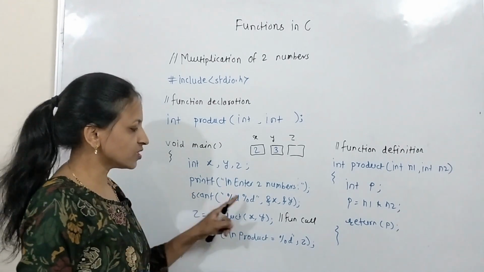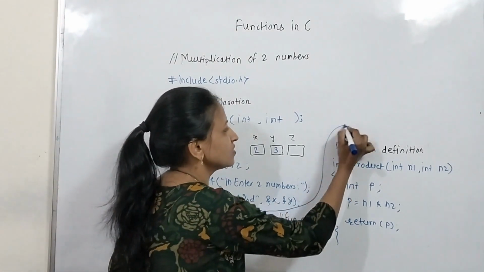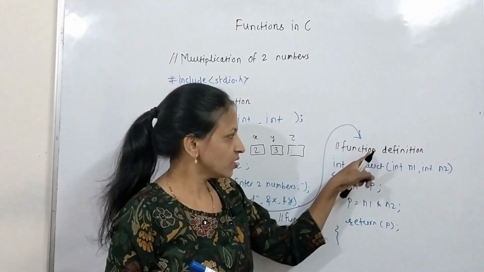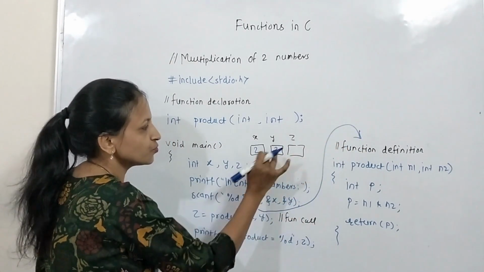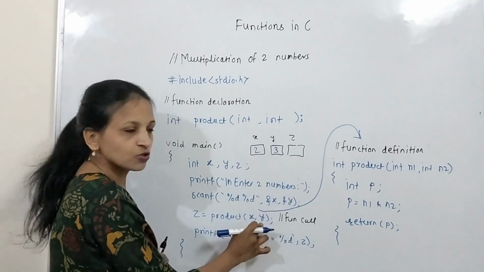To execute this statement, first control should pass to this function. Whenever control passes here, the function call will pass two values, the first value 2 and the second value 3.